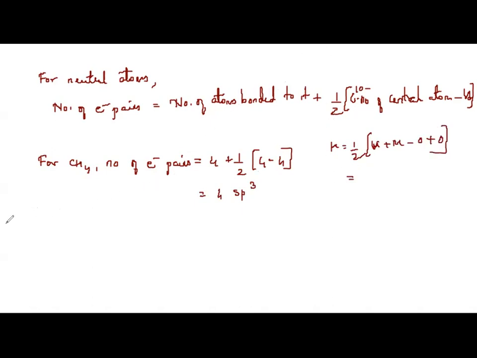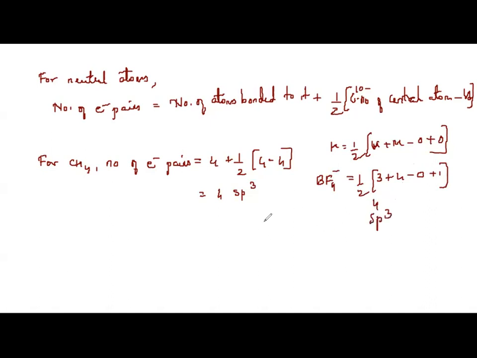Similarly, do it for ions. For BF4-, half of valence electrons 3 plus 4 single bonds, cation 0, anion plus 1: 7 plus 1 is 8, 8 by 2 is 4. So it is sp3 hybridization.